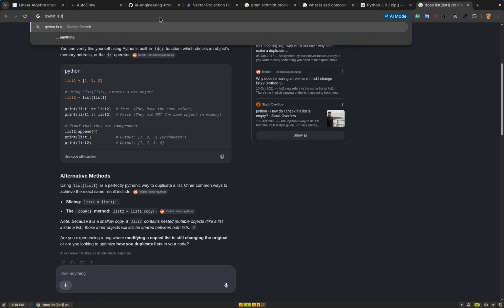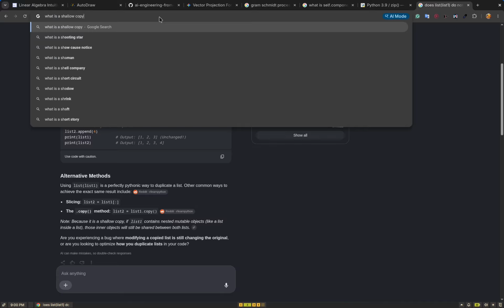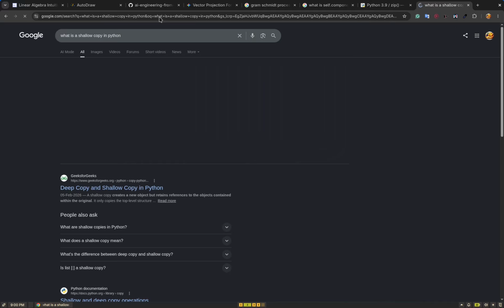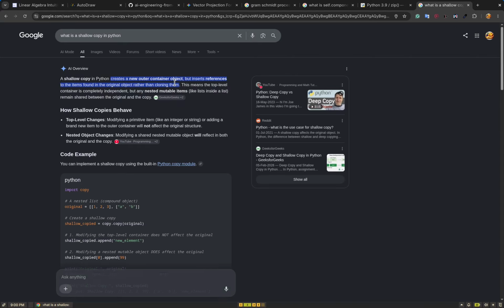What is a shallow copy in Python? I don't understand this correctly. It creates a new outer container object but inserts references to the items found in the original. The top level is completely independent, but the nested mutable objects remain shared between them. Adding to the outer container will not affect the original structure.